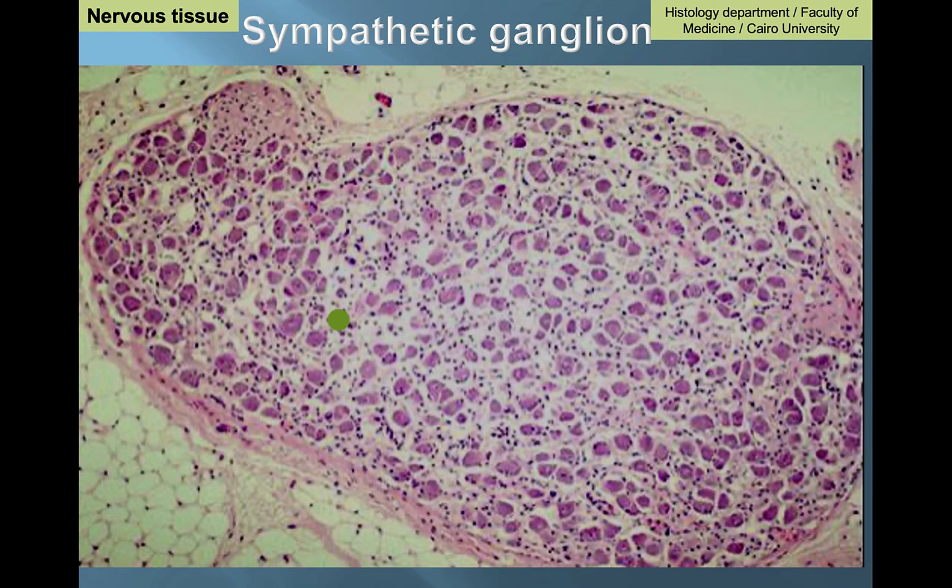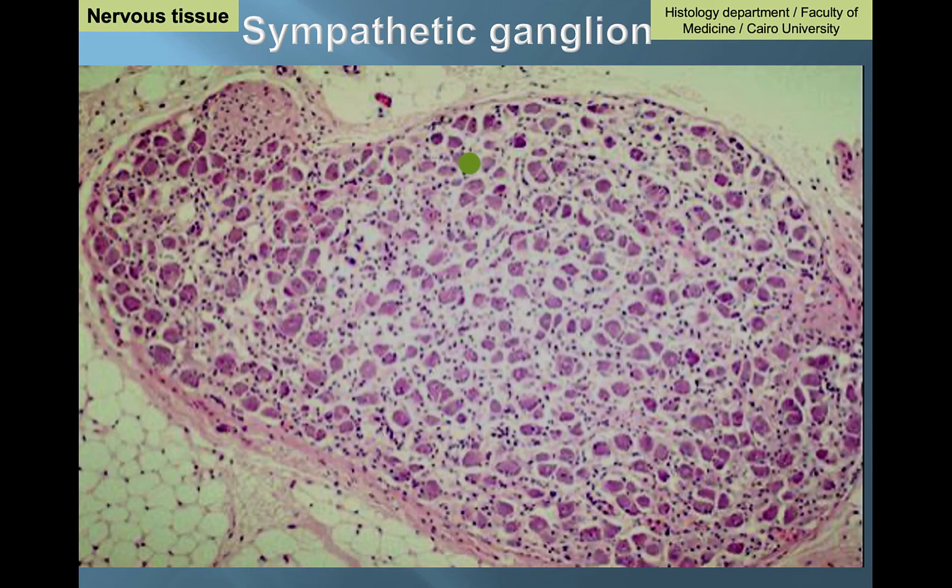Don't forget, the sympathetic ganglion is characterized by having unmyelinated nerve fibers, in contrast to the spinal ganglion, which is provided with myelinated nerve fibers. Here we also have the neuroglial cells surrounding the nerve cells, which are called satellite cells.